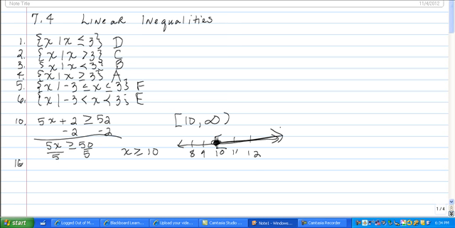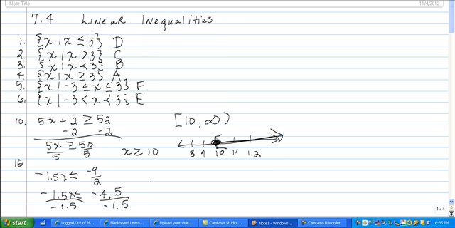Okay, let's move on to 16. We have negative 1.5 is less than or equal to negative 9/2 x. First thing I'm going to do is change this so both of these are in decimal form. So we want to divide both sides by negative 1.5.